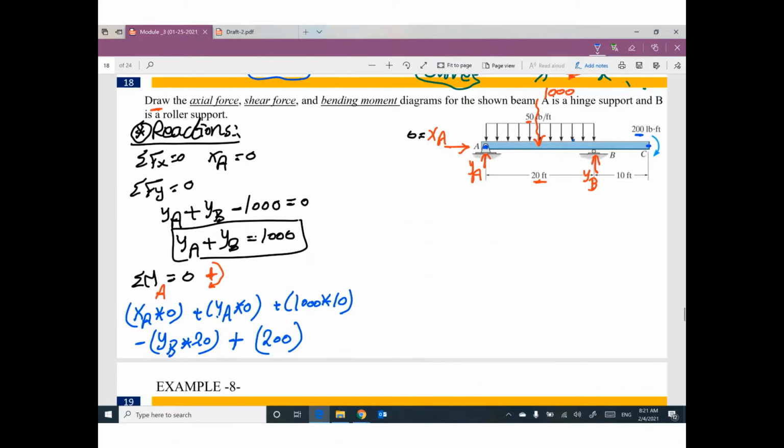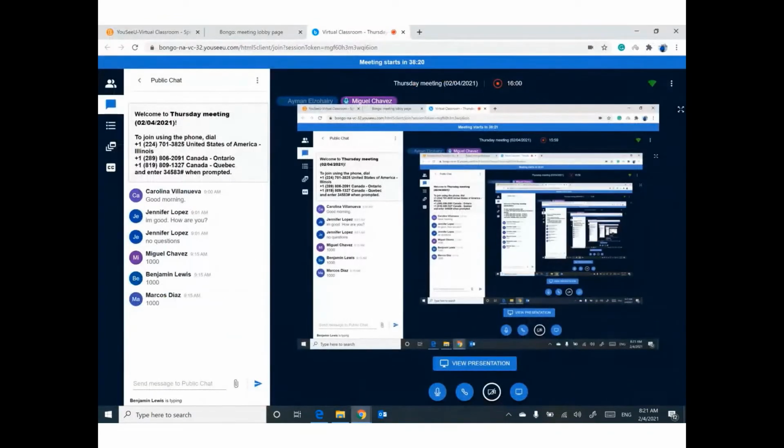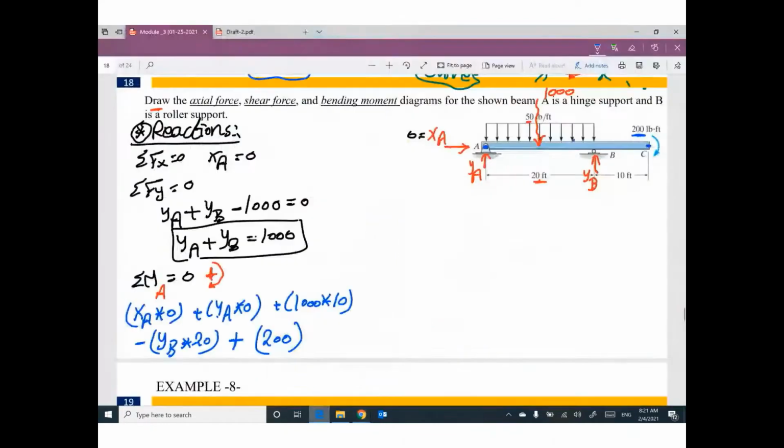What is the total distance? Any answer? There's no distance because it's already a moment. There is a distance already, 30, but we don't need distance because 200 is a moment.